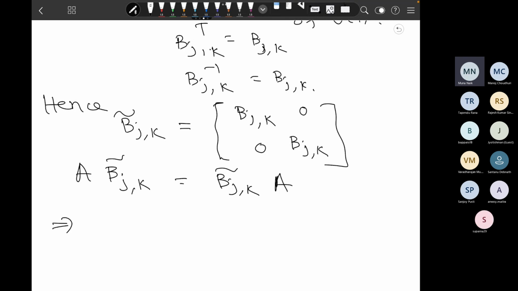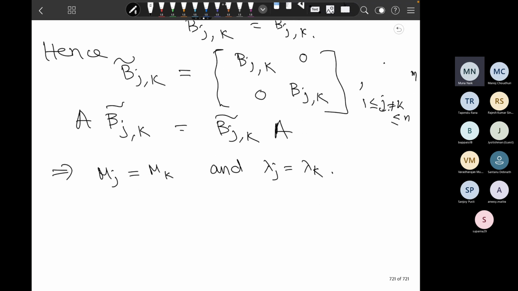So if you take 1 less than or equal to j not equal to k less than or equal to n, and multiply blockwise, then you will get mu_j is equal to mu_k, and lambda_j is equal to lambda_k. So hence A is of the form mu I 0 0 lambda I.